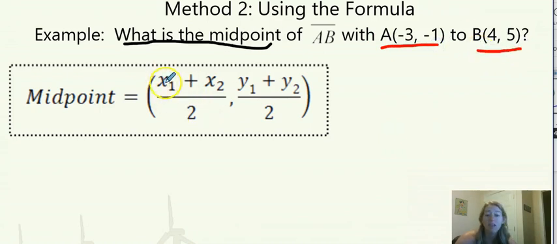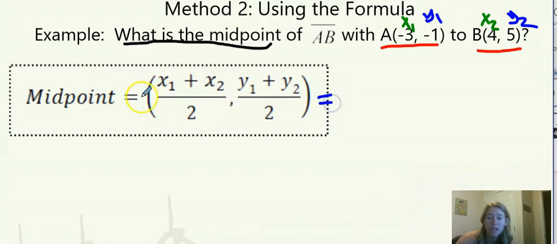So notice we've got the x1s and the x2s again, so we need to make sure we label everything. x1 here is -3, y1 is -1, x2 is 4, and y2 is 5. And we're going to plug into our equation.